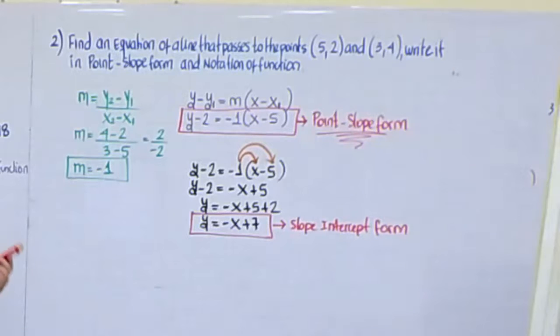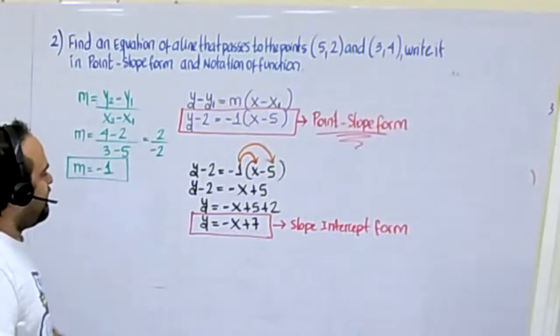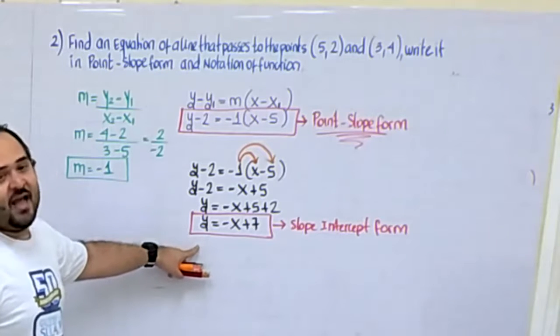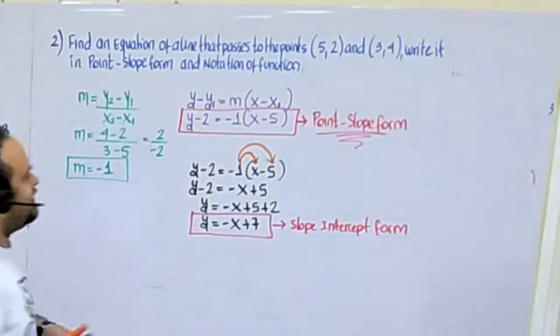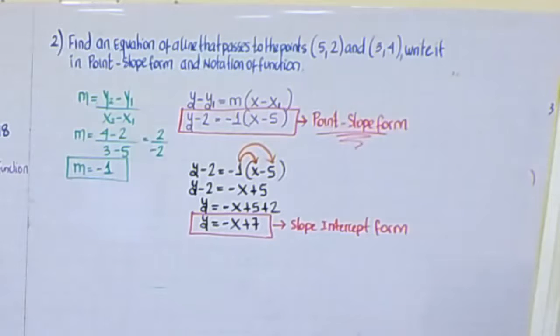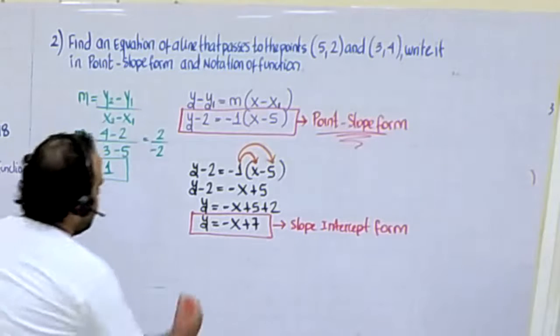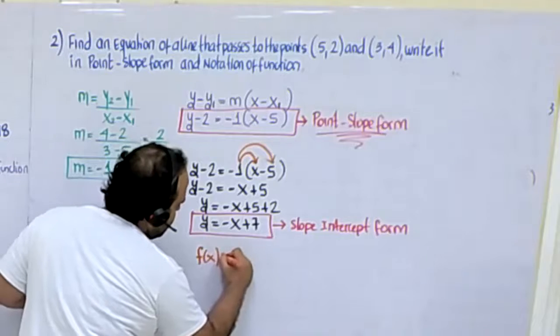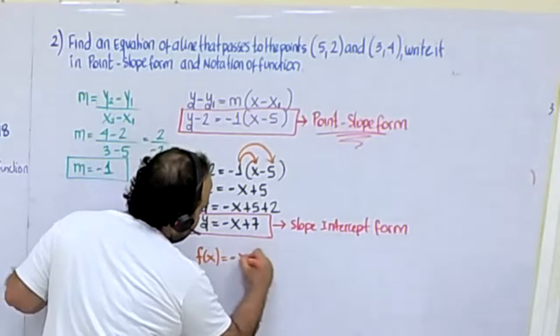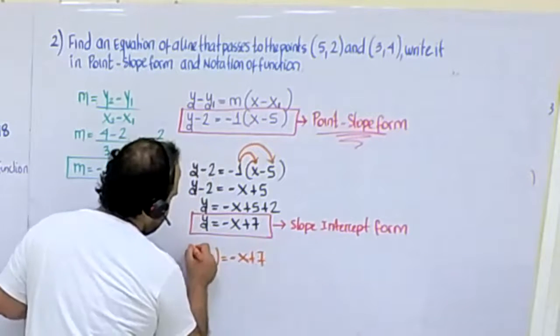What is the step that we have to do? Simple: to write this equation in notation of function, the only thing that we have to do is replace y by f of x. So instead of using y, I'm going to say f of x equals negative x plus 7.